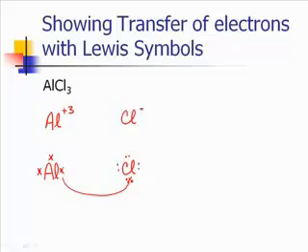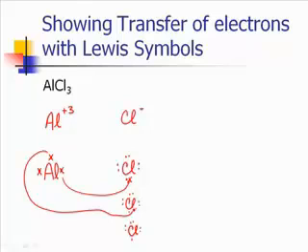One chlorine can accept 1 of aluminum's valence electrons, but aluminum wants to give up 3, so we need 2 more chlorines in order for aluminum to be able to give up all of its valence electrons. One will go there, and one will go there.